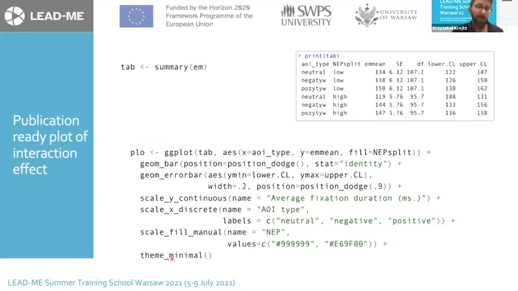And then at the end, I can set the whole theme, the whole feel or aesthetics of your graph, with some general theme. There are several general themes. I use theme minimal. If you Google for ggplot themes, you will find several of them with examples of how they look. So the theme I set as minimal.